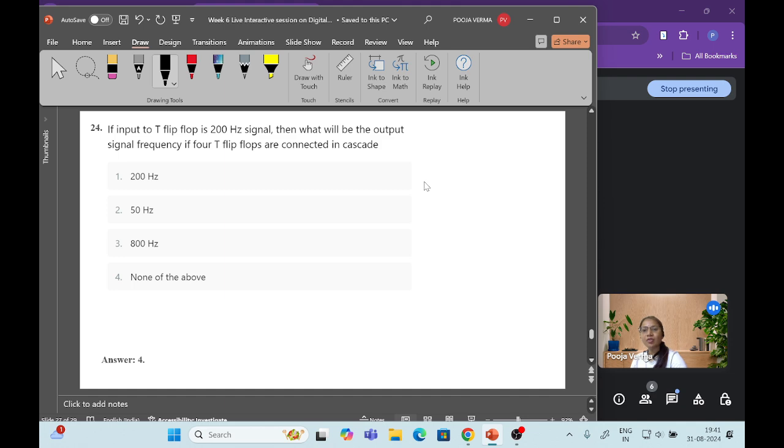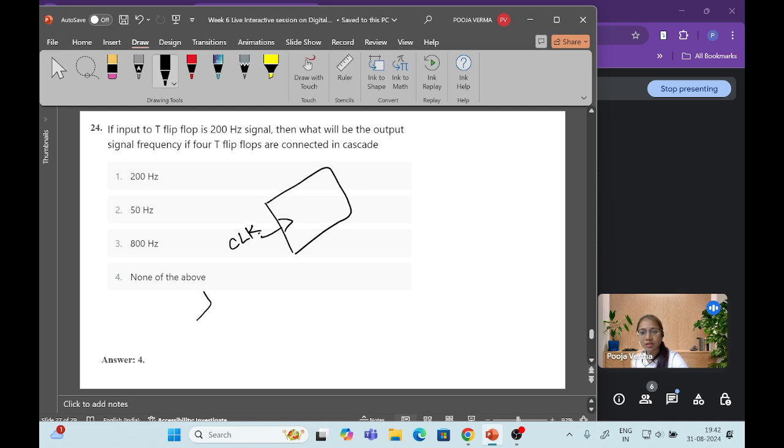I am talking about this question. In this question, you will get to know what scaling or frequency scaling is. If the input to a T flip-flop is a 200 hertz signal, so till now we have seen that we are normally giving a clock signal, right? What is this clock?